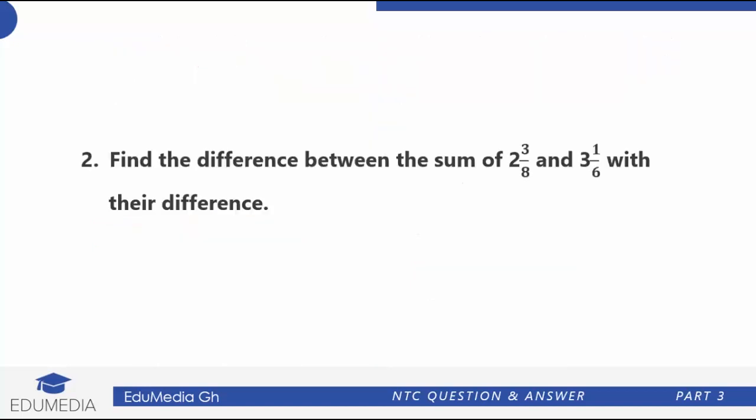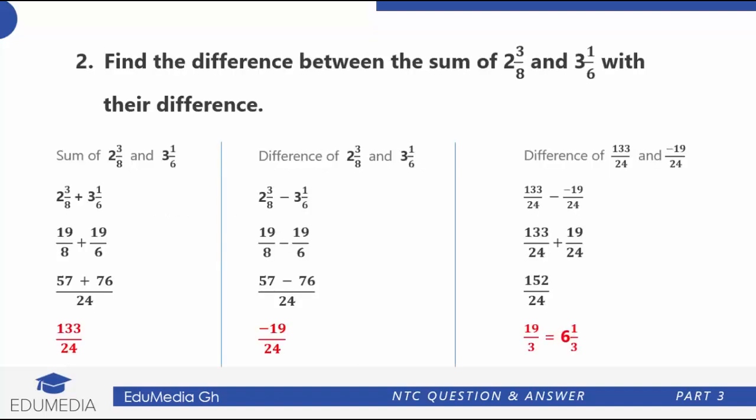All right, so the next question. The next question said, find the difference between the sum of 2 whole number 3/8 and 3 whole number 1/6 with their difference. So this is what we have here. Find the difference between.